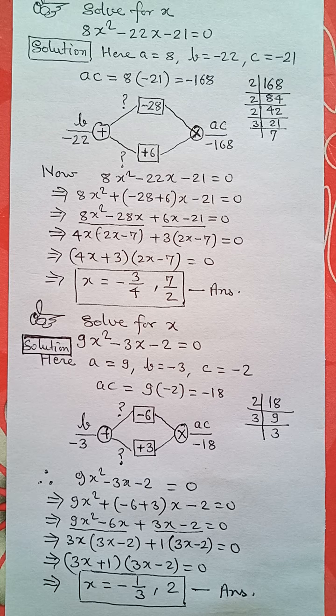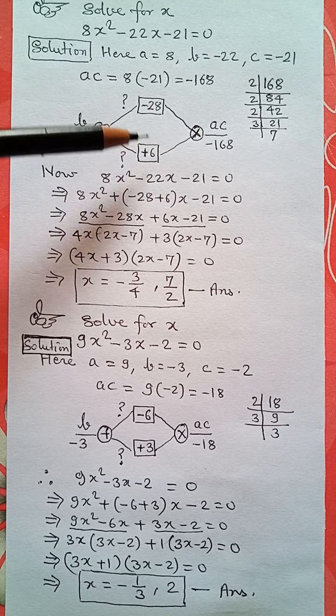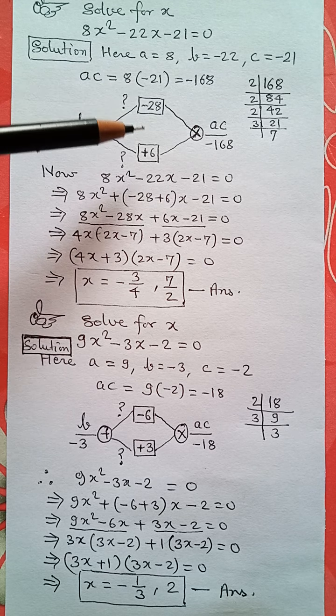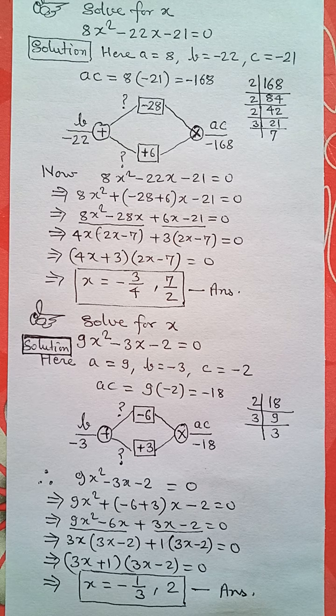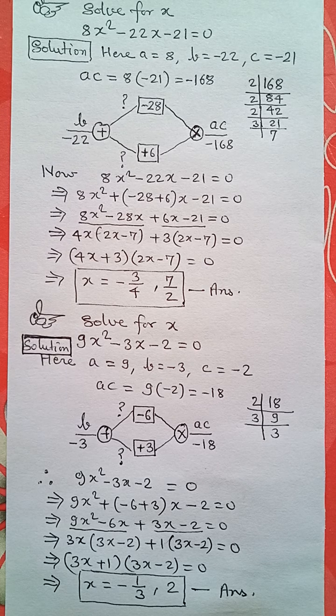Now, we see that the product is negative. Therefore, these two numbers must be of opposite sign. One is positive and the other is negative. Now here we see that this is also negative and therefore the negative number must be greater in amount than the positive number.